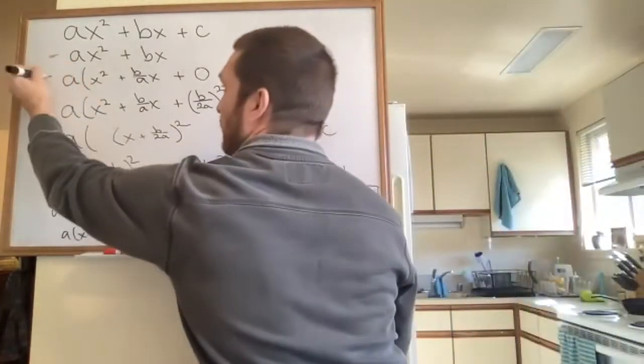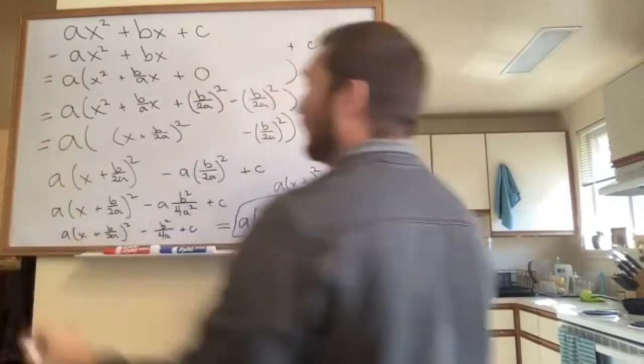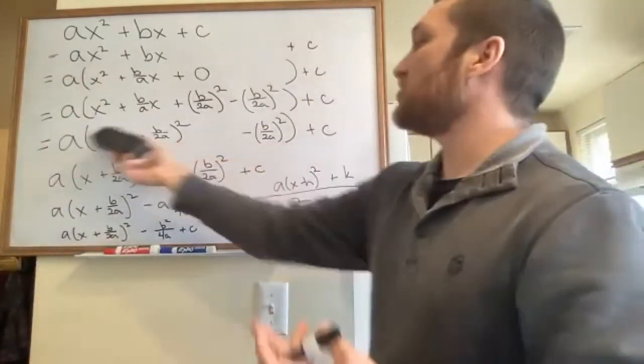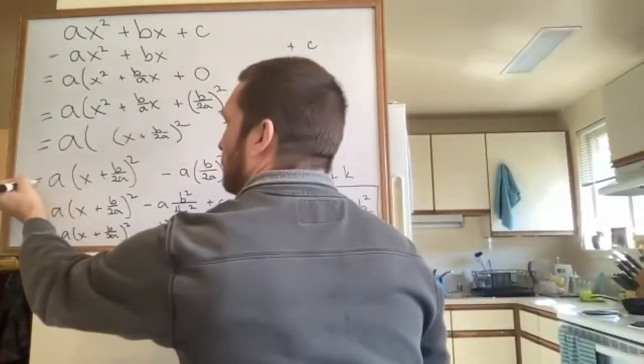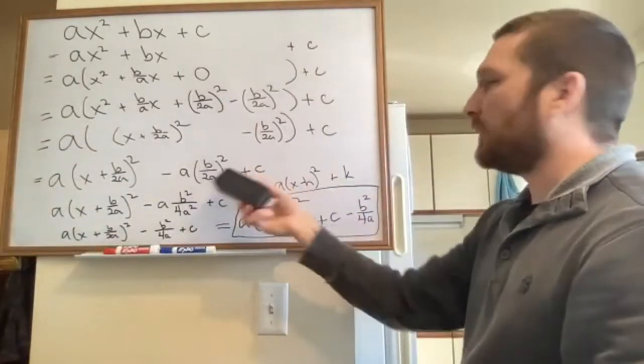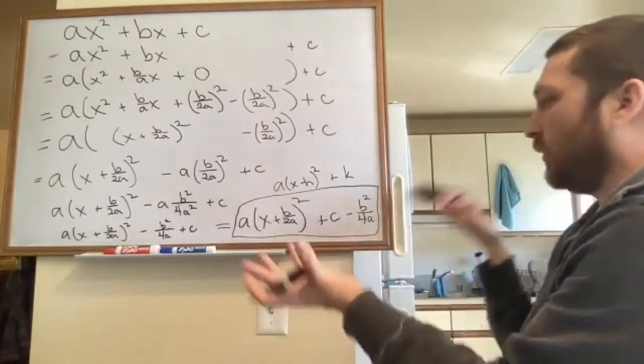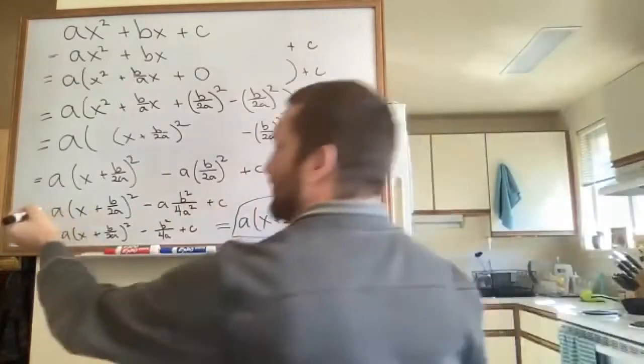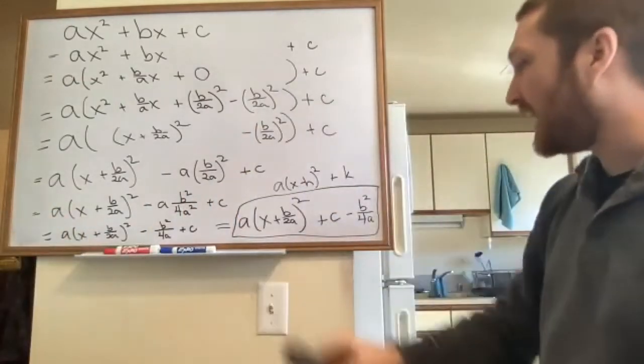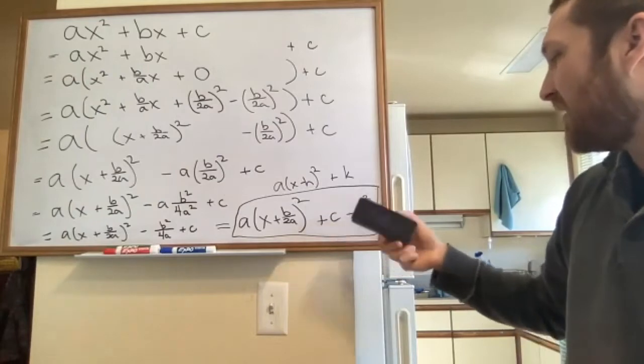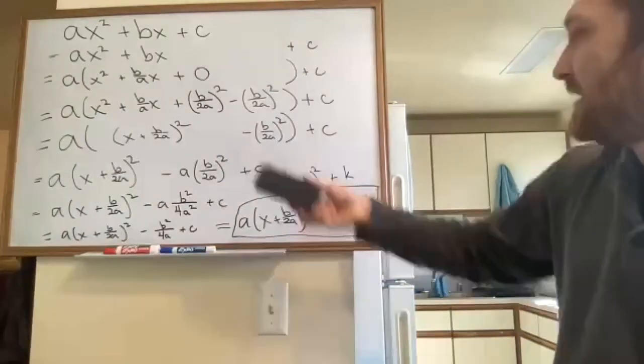This is still equal, and that's equal, that's equal. All we did was distribute an a, so that's equal. Now we just multiplied some stuff out and rewrote it in a way that I guess is nice. And so that's equal. What I claim is that this thing right there is the same as that.